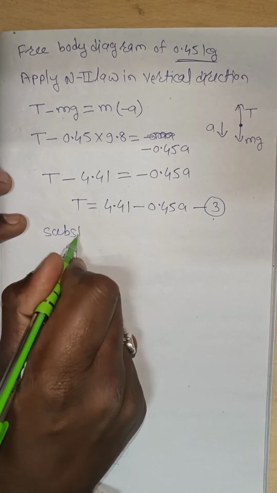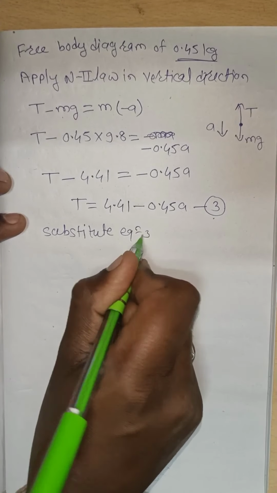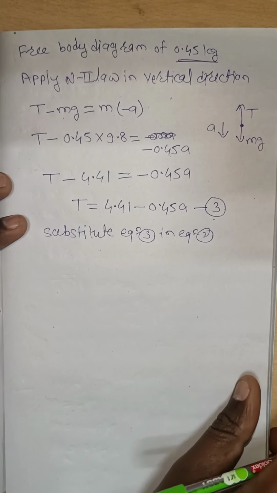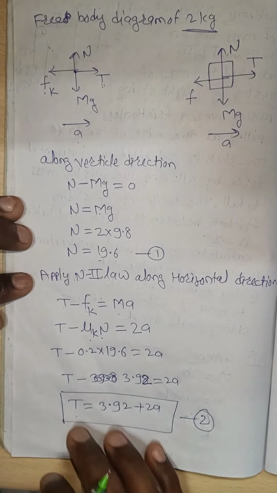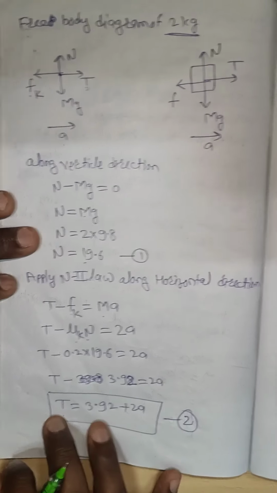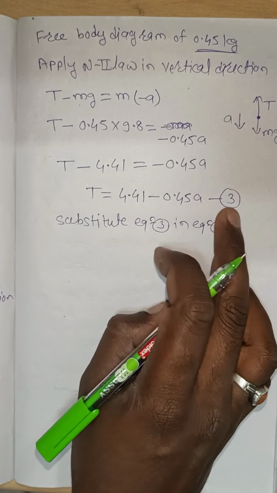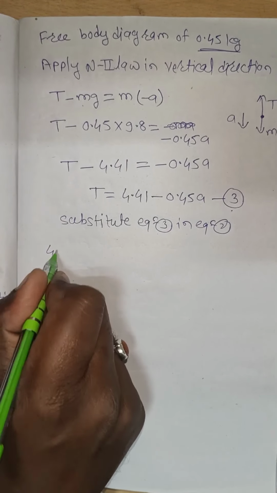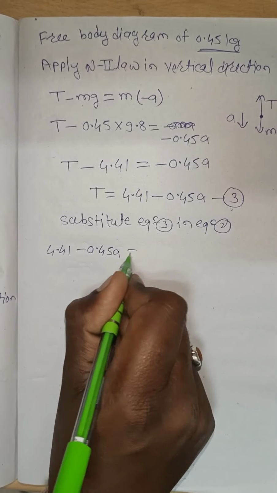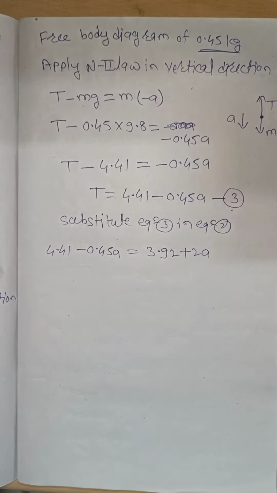What is equation 2? Equation 2 is T is equal to 3.92 plus 2a. In place of T, we have to put 4.41 minus 0.45 into a. Therefore, 4.41 minus 0.45a is equal to 3.92 plus 2a.